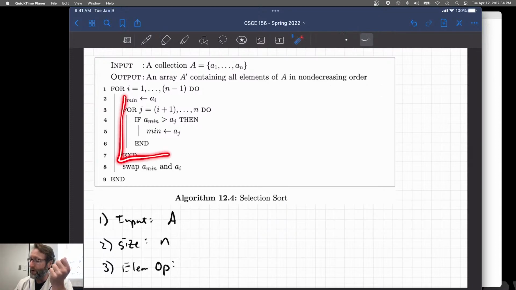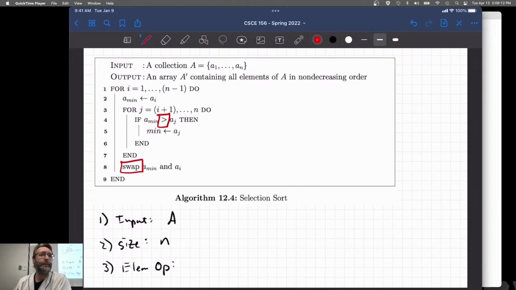Within that loop, you are doing work. So look for the most common or most expensive thing. One candidate would be the comparison on line 4. Another reasonable candidate would be a swap on line 8.